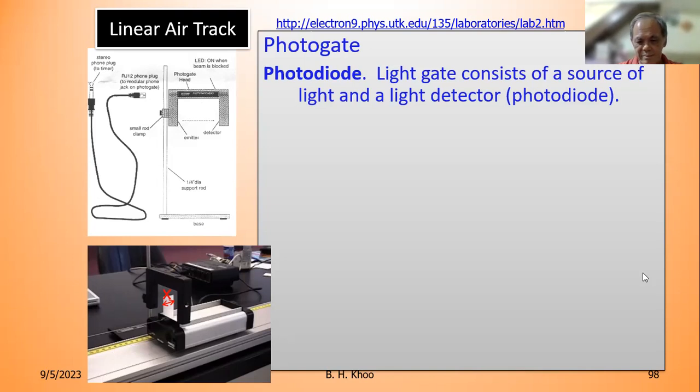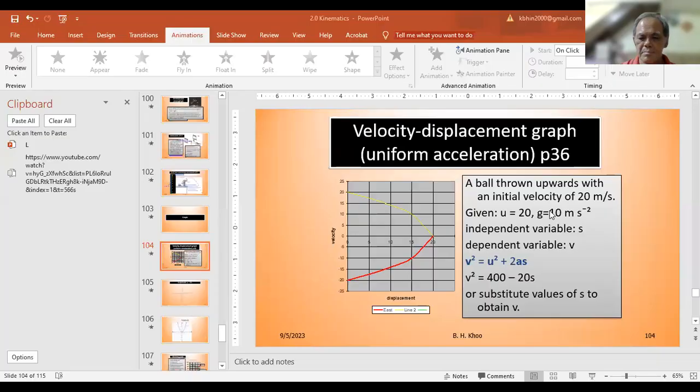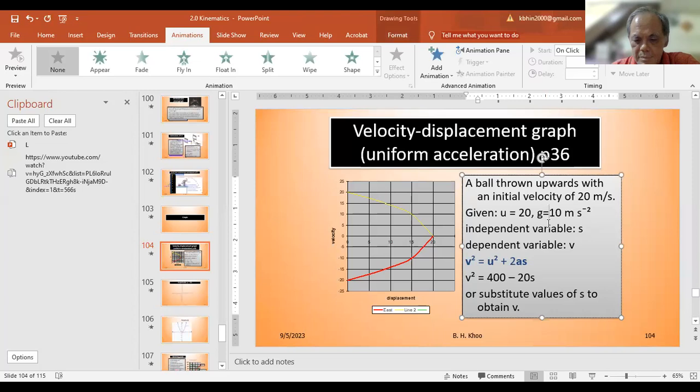Sorry. We are taking upwards as positive, so we have to put a negative sign there because g is pointing downwards.